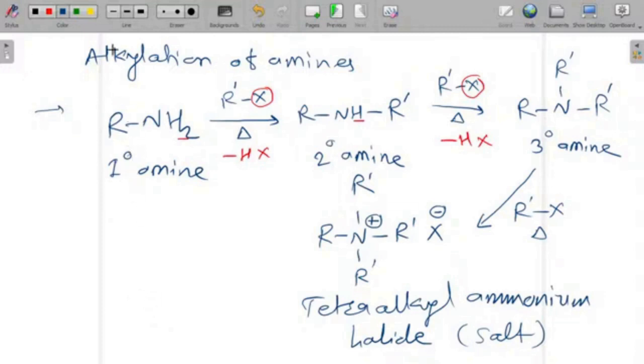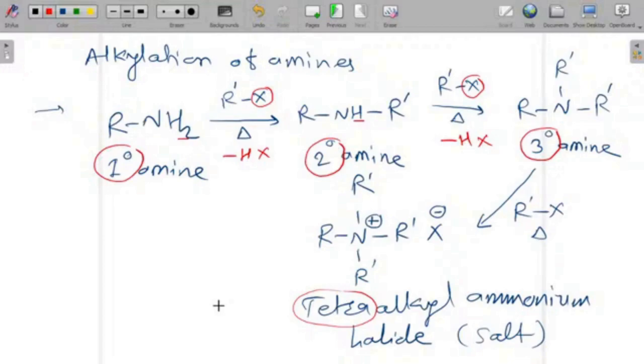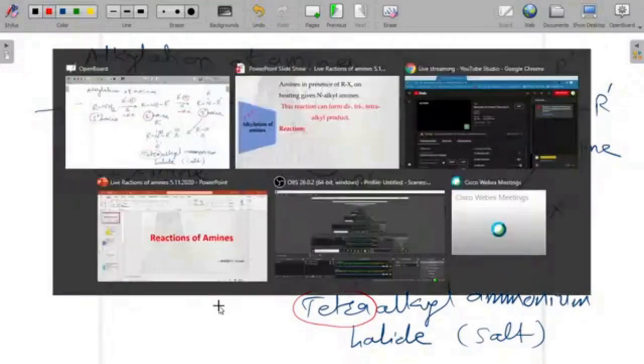Okay, so primary amine gives secondary amine, it again produces tertiary amine, and then a tetra alkyl ammonium halide as a final product is formed in this particular reaction.